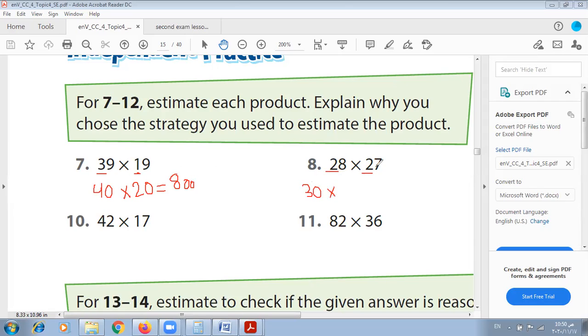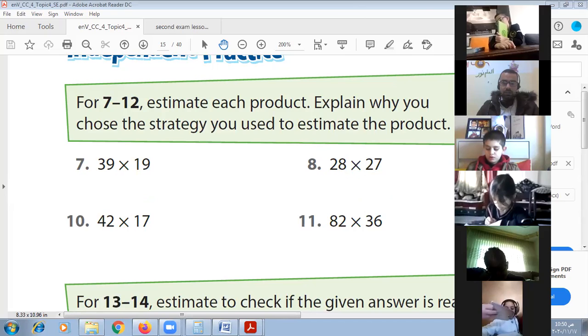Here also I will round this, so I'm looking at the 7, it's more than 5, so that will be 30 again. Then we do what? Multiplication. How to multiply this? We know how to do that. Just multiply 3 times 3, and that will be 9. Now we have two zeros, so it's 900.